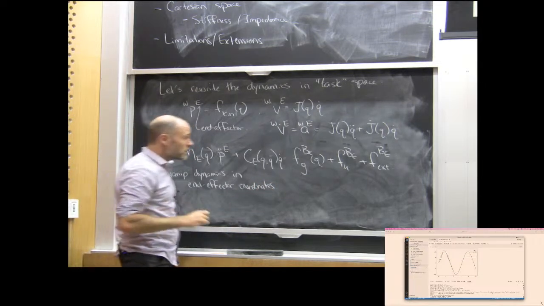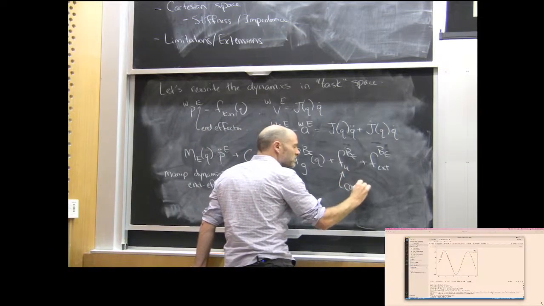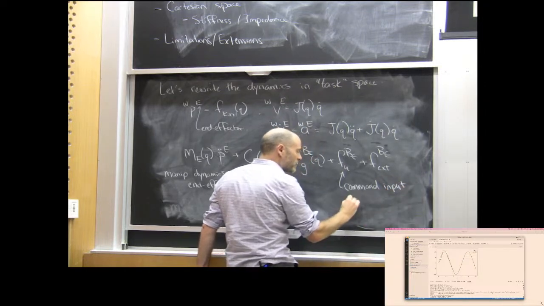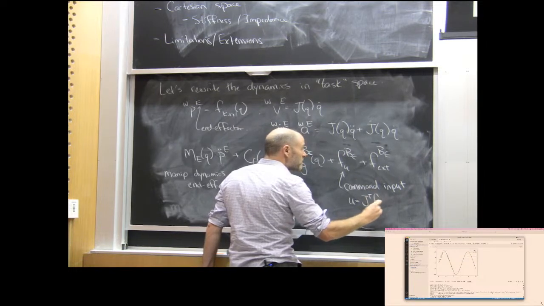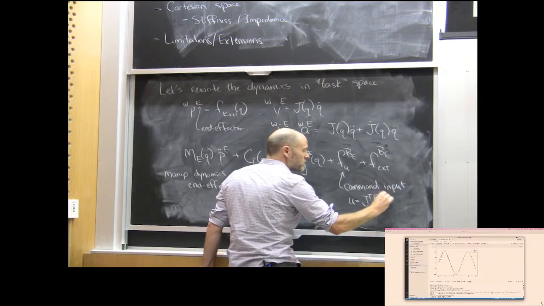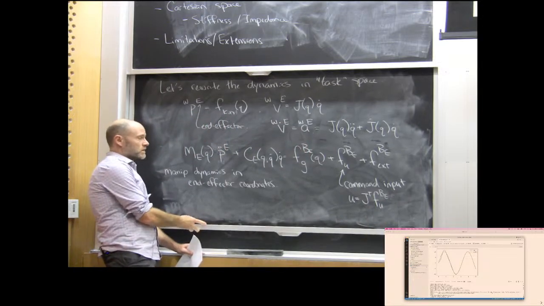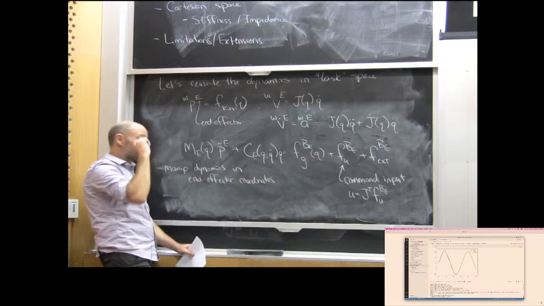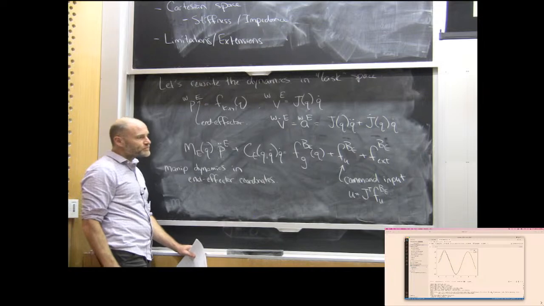Okay. This is my command input. I can just achieve this with my Jacobian transpose. And I can actually write the dynamics as it's viewed from the finger, from the end effector.